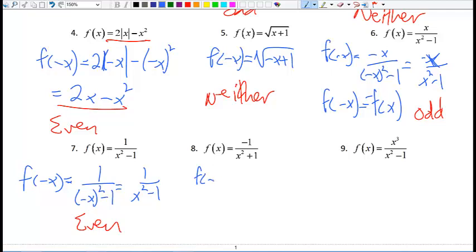Okay, number 8, f of negative x. This time we only change the numerator to be a negative. We did change the denominator a little bit to be x squared plus 1. So when we put a negative in, the numerator stays the same. The denominator also stays the same. So this is another illustration of even.